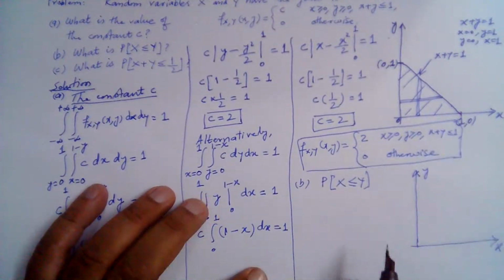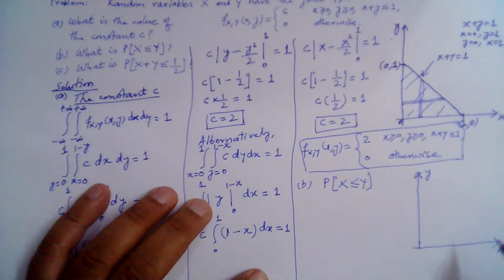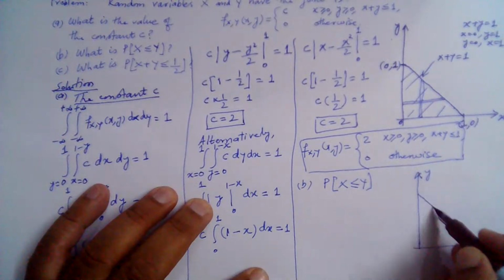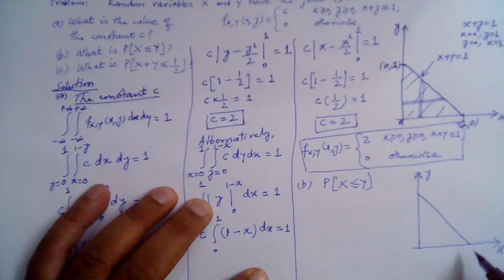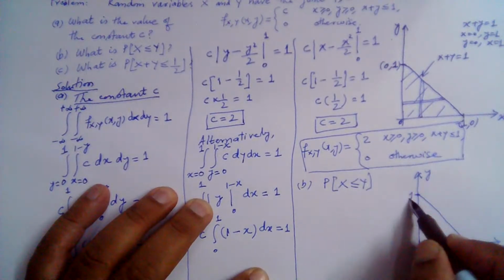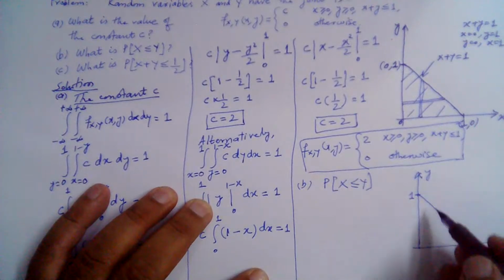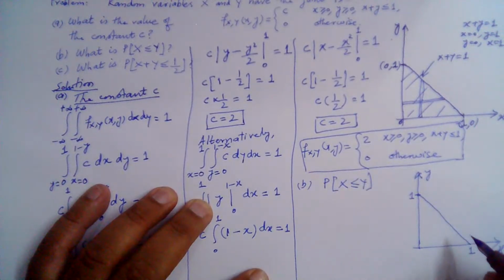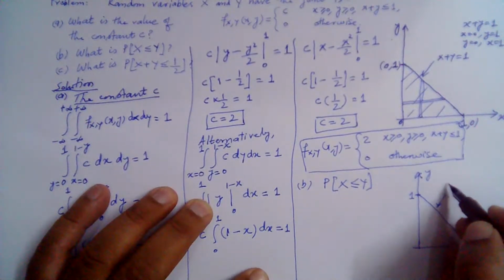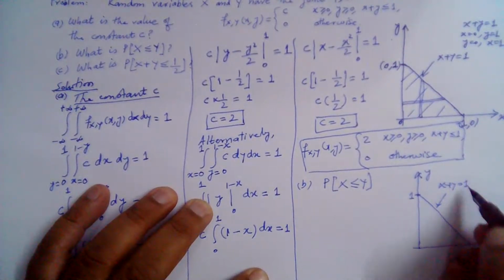And we have this line here, this constraint. So this is x is equal to 1 here, and we have y is equal to 1 here. So it is this region we are interested in. And this line is x plus y is equal to 1.